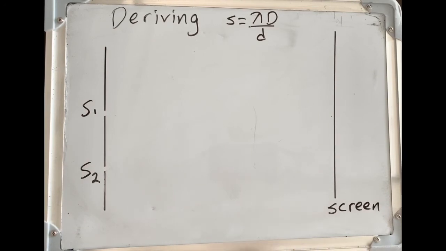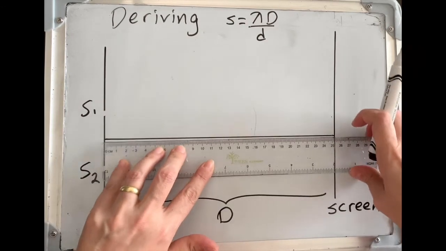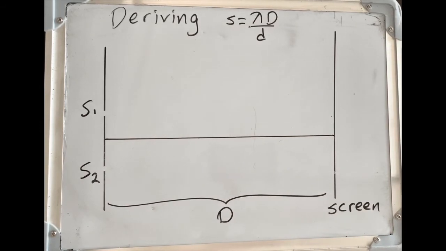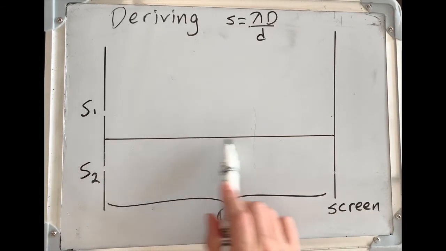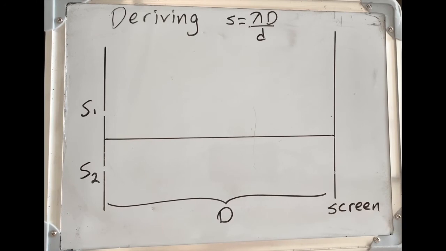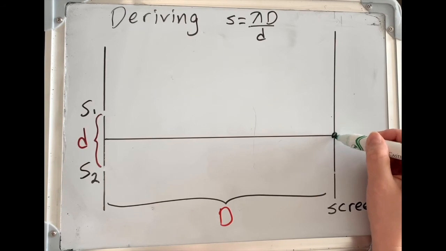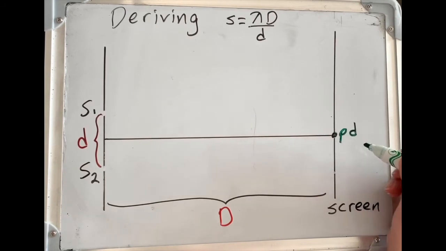So let's say the two sources are D distance away from our screen. So that's the distance between the sources and the screen. As I said before, the separation of the sources is small d. And let's say the central maximum is here, where path difference equals 0.